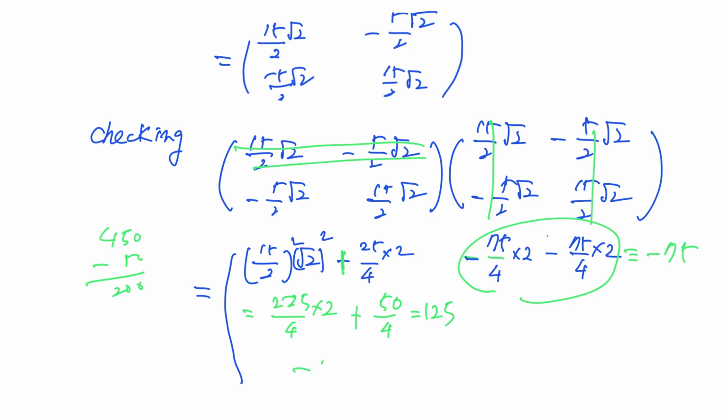So we have minus 75, 125, which is same as M, right? So we have shown that this is indeed the square root of the matrix M.